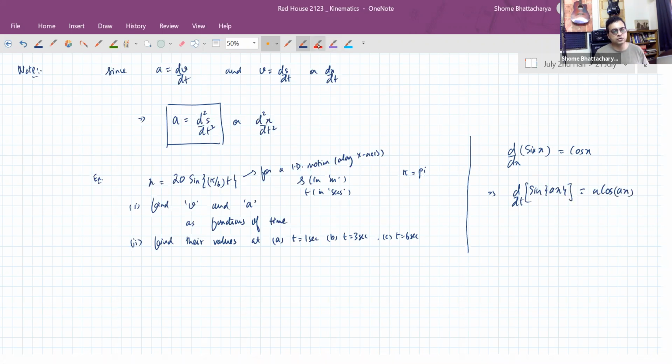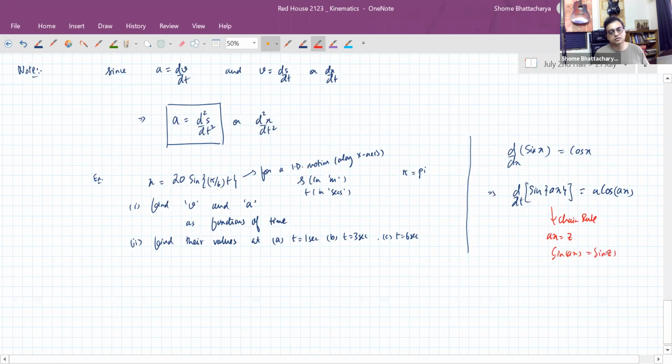This is by chain rule. Put ax as z, so sine ax becomes sine z. Then you apply that chain rule.